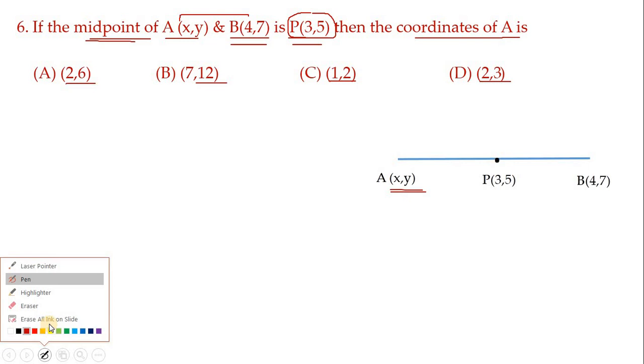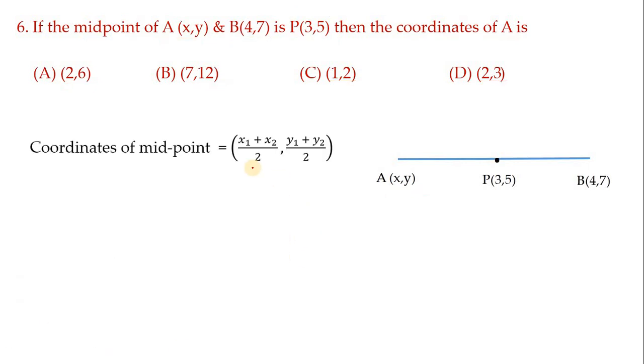So to find that, we have to use the formula, that is x1 plus x2 by 2, y1 plus y2 by 2. And here now it is x1, children, and it is y1, children, and it is x2, and this is y2, and these are x comma y.